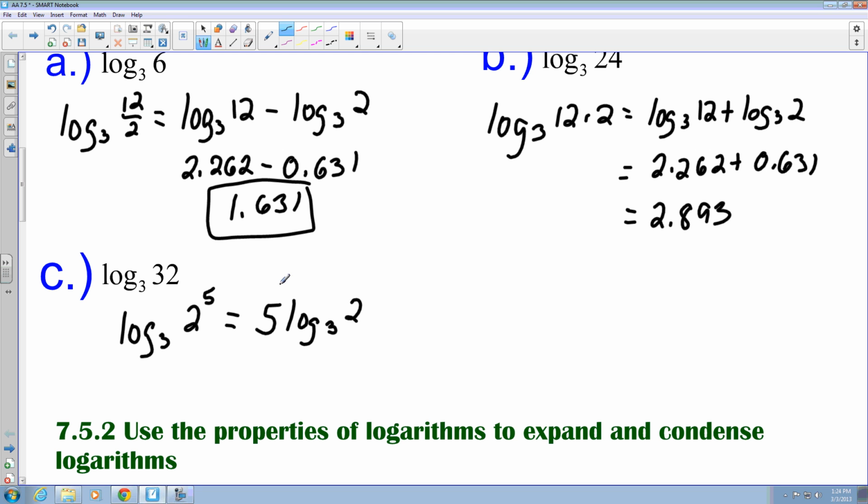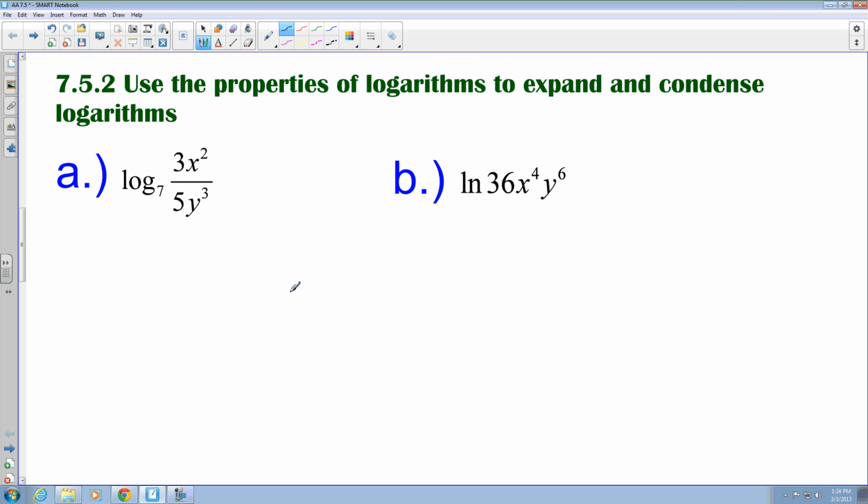And then I can just say 5 times 0.631, and this equals about 3.155. Okay.